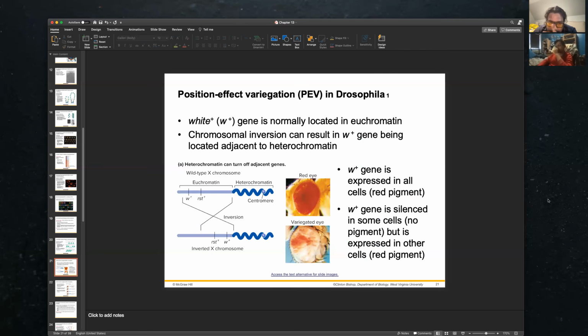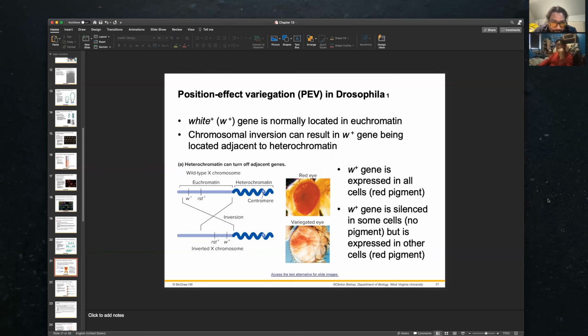This is an example of position effect variegation in Drosophila. The white gene is normally located in euchromatin, the loose type. A chromosomal inversion can happen, which can result in the white gene being located adjacent to heterochromatin, the part that isn't expressed.